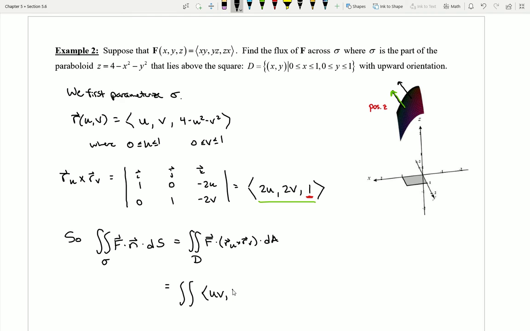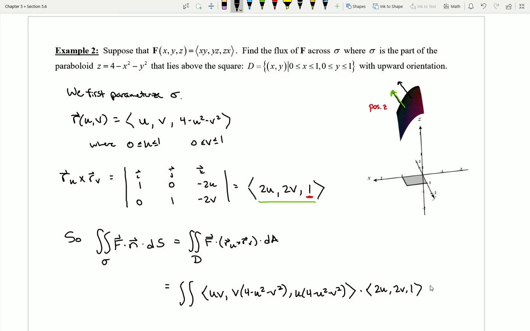Okay, so that's going to be v times 4 minus u squared minus v squared. And then my last component is going to be z times x. So that's u times 4 minus u squared minus v squared.